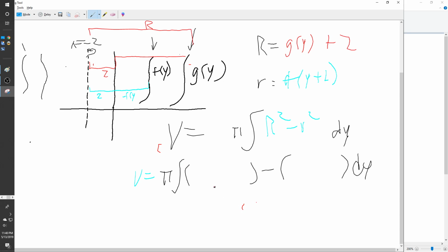Where's my marker? This is so hard. g of y plus 2 squared, and this one's going to be f of y plus 2, and that's supposed to be that. What did I do here? Plus 2. Alrighty. So that's pretty easy.